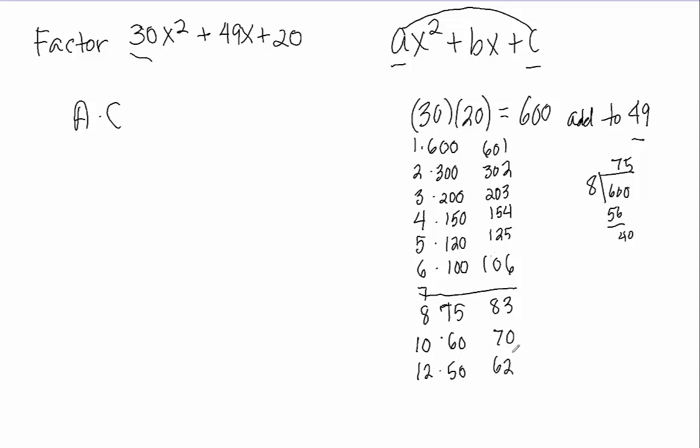So I still have to keep going to see if I can find the numbers that add up to 49. 13 won't go. 14 won't go. 15 will go. 15 goes into 600 40 times.